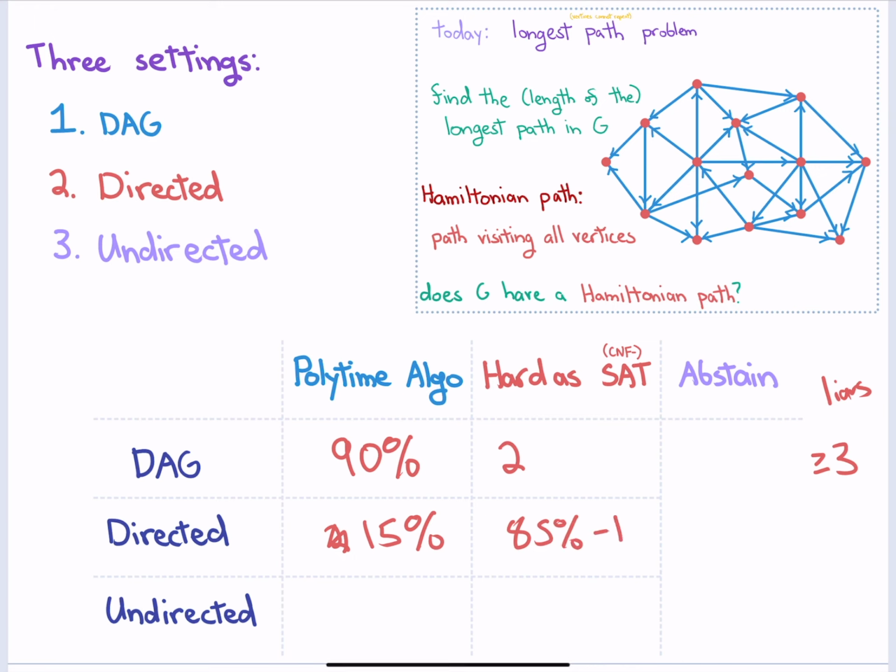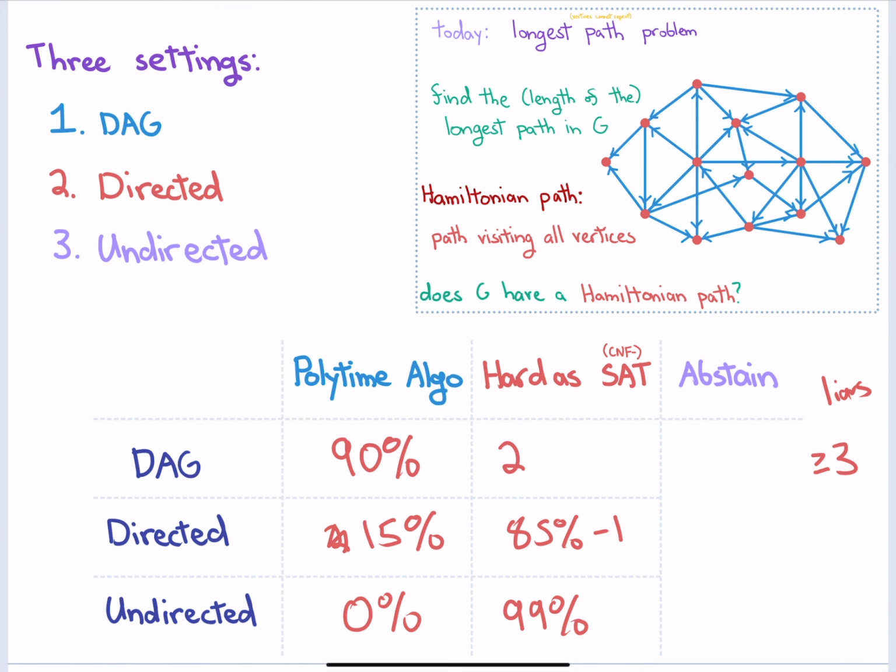Okay. All right, lastly, undirected graphs. Who thinks we can come up with an algorithm for undirected graphs? Oh, less people than before. And then who thinks it'll turn out to be hard? Okay, nothing very much.